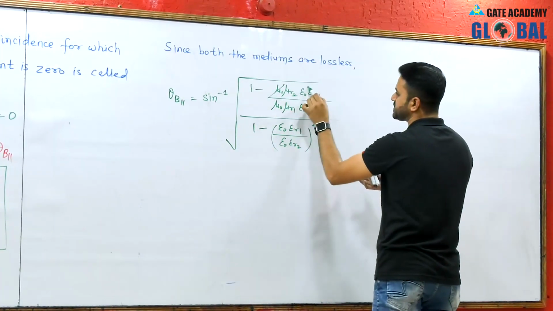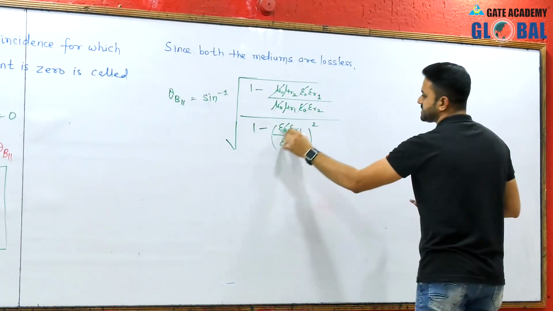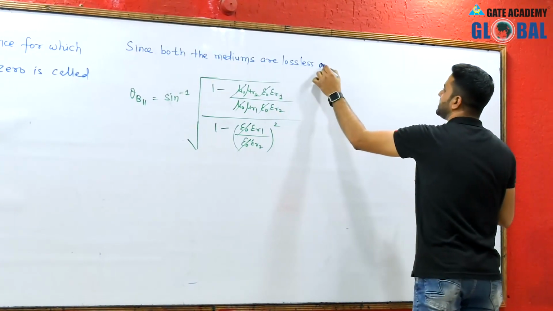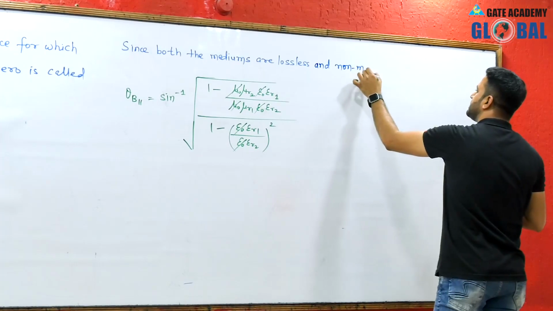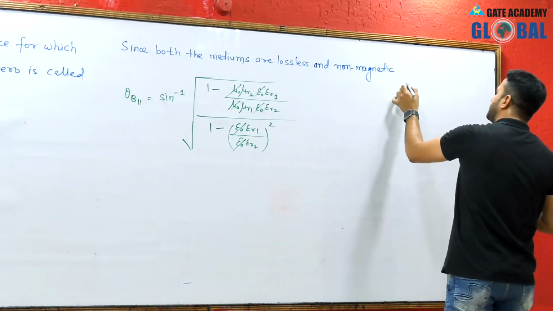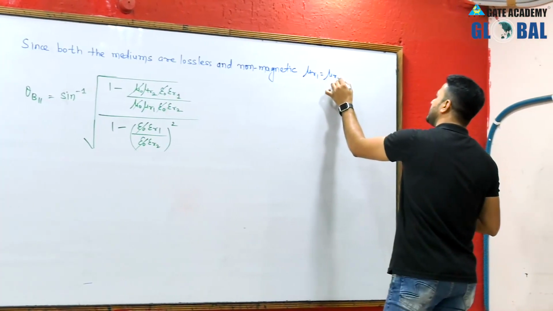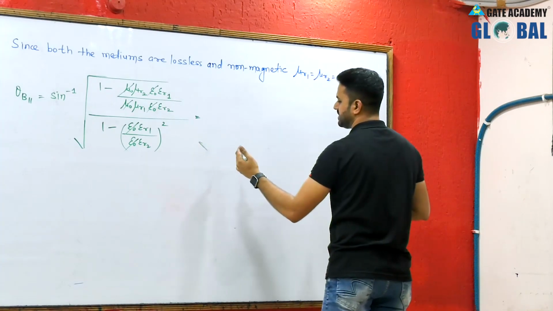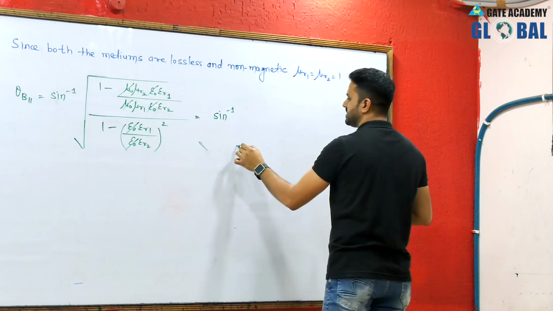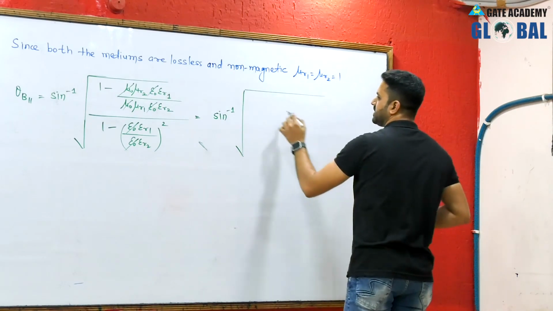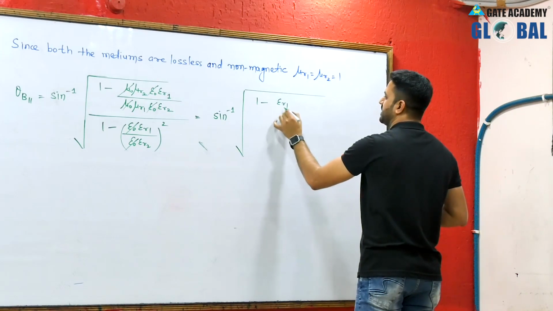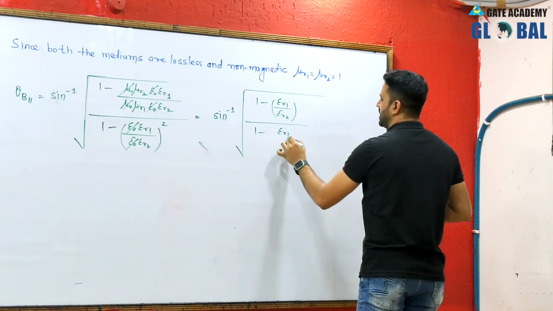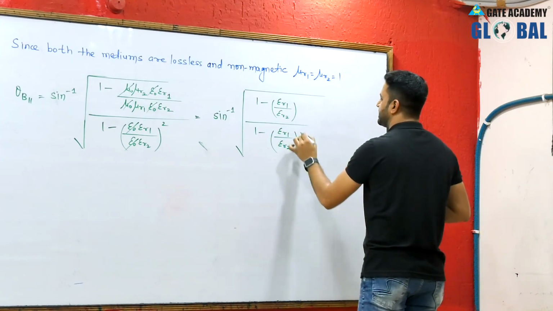Then the mu naught and epsilon naught get cancelled, and since both the mediums are lossless and non-magnetic, mu r1 equals mu r2 equals 1. So in the next step, this is sin inverse root over 1 minus epsilon r1 divided by epsilon r2, divided by 1 minus epsilon r1 divided by epsilon r2 whole square.